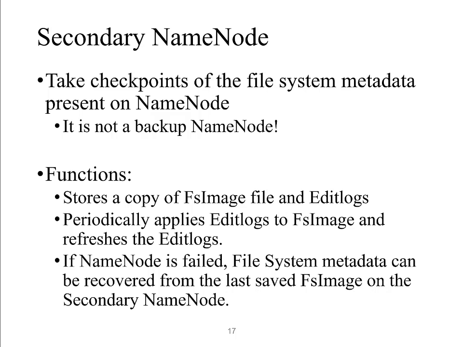If the name node fails, file system metadata can be recovered from the last saved FS image on the secondary name node. The main reason for periodically applying edit logs to the FS image is to prevent the edit logs from becoming too large.